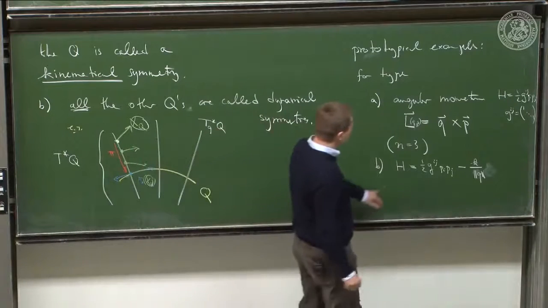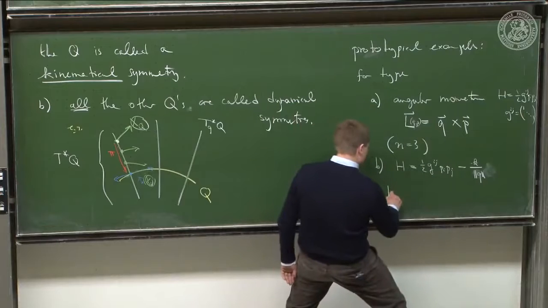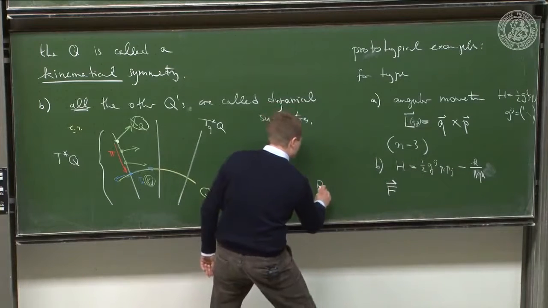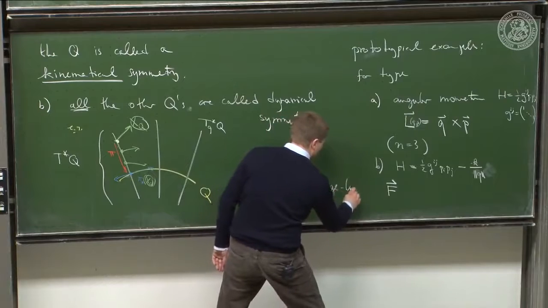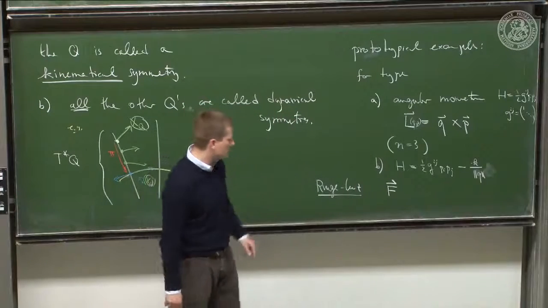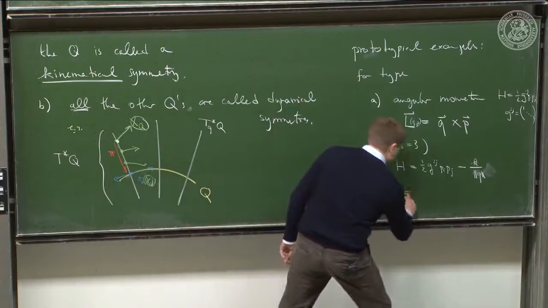Okay. Then you have this object, which we call capital F. It's not the force, it's the Runge-Lenz vector. Because it has 3 components, we're not talking about 1 conserved quantity, we're talking about 3 conserved quantities.